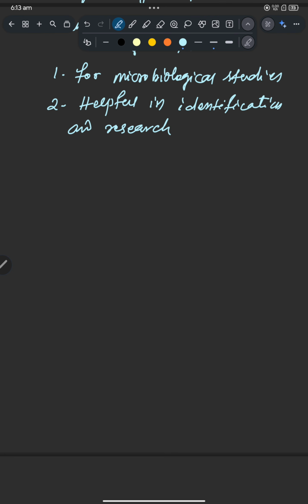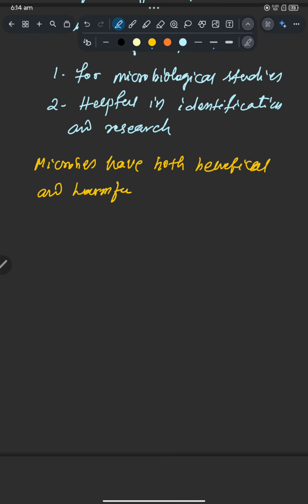Okay, so that means microbes have both beneficial and harmful role in nature.